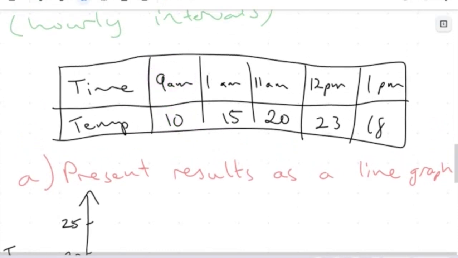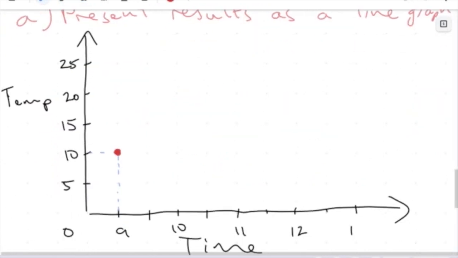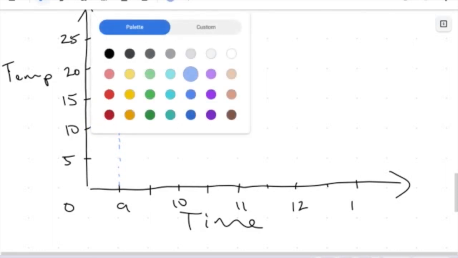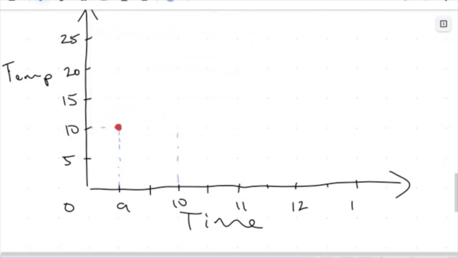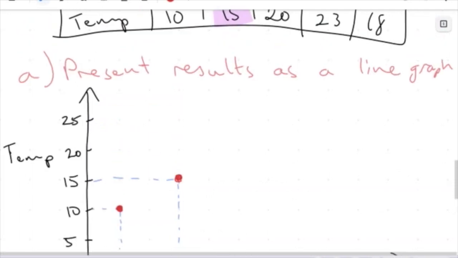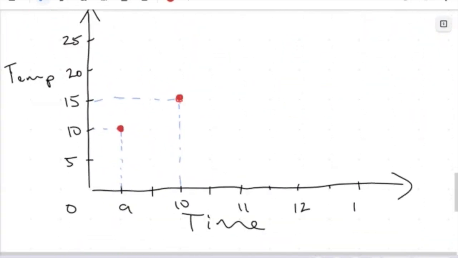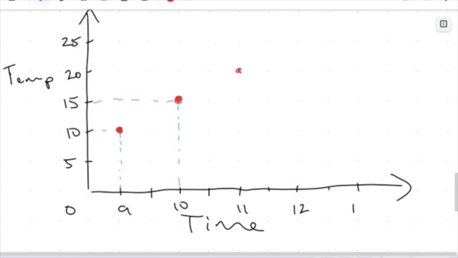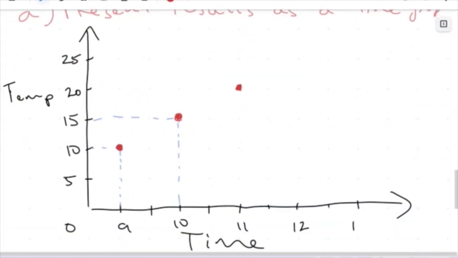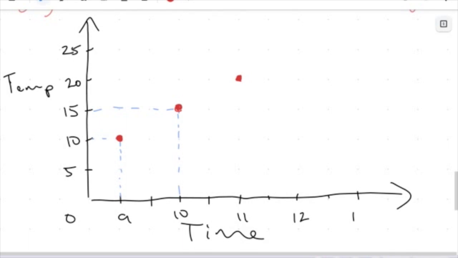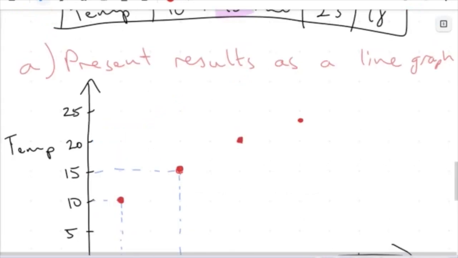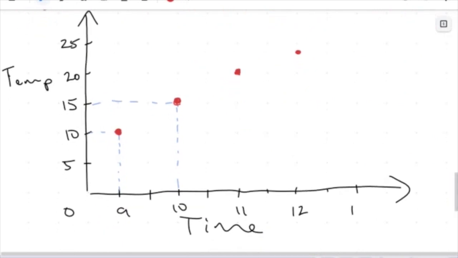At 10 a.m., my temperature's 15. And I can go along, so on and so forth, with all of my different values. At 11, it's going to be 20. At 12, it's going to be 23, so up here roughly. And at 1 p.m. it is 18, so down here roughly.